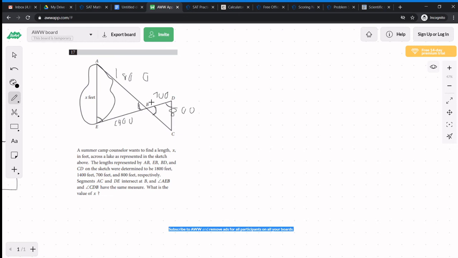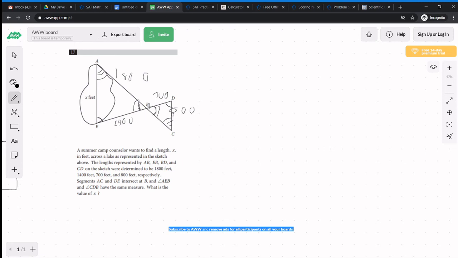Okay, so because we know that 2 of the angles are the same, right? That means the 3rd angle is also the same. That's true for any triangle. If 2 pairs of angles are the same, that means the 3rd pair is also the same. And because of that, we know that these are similar triangles.